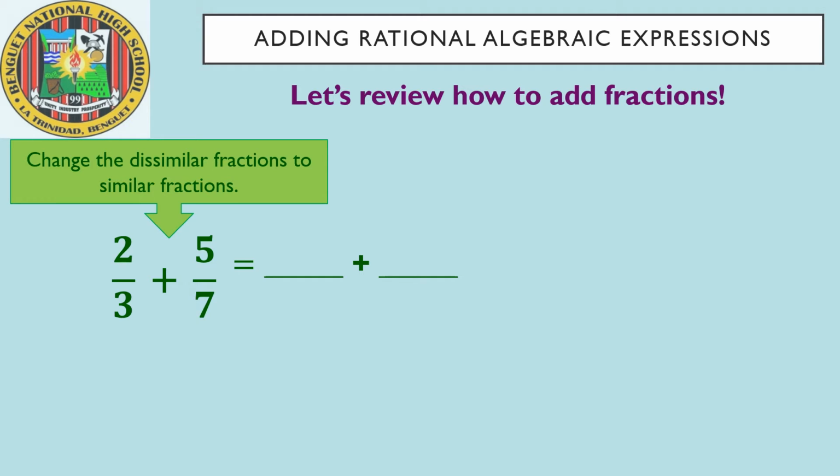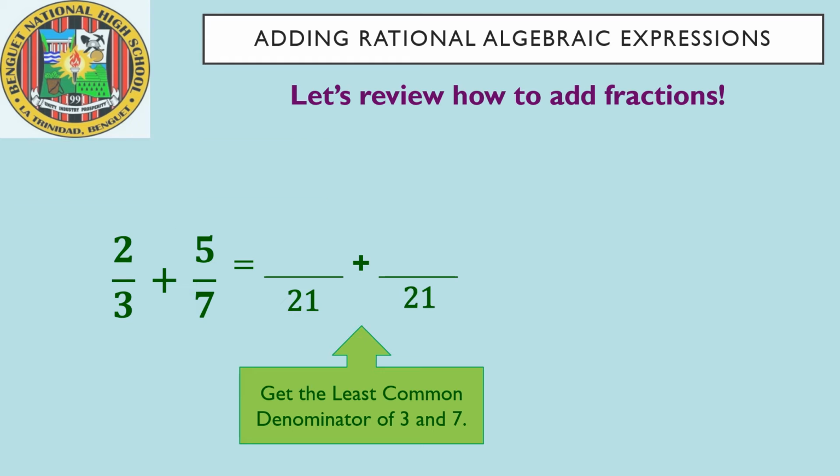We do this by first getting the least common denominator, or the LCD, of the denominators 3 and 7. That would be 21, which will serve as the common denominator for our fractions. Now, once we change our denominator, we also have to change our numerators based on how we are going to change the denominator.